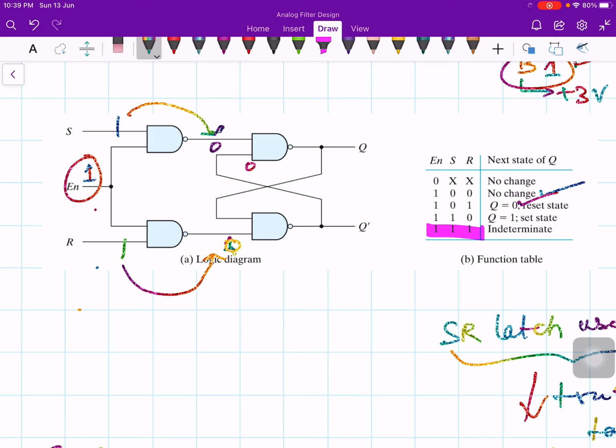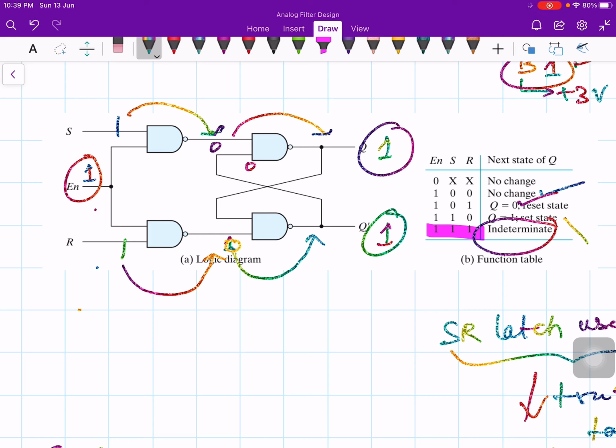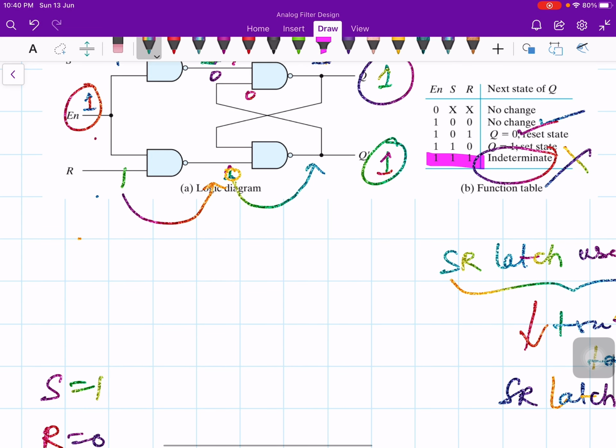Now if any one input is 0, the output is 1. And this also 1. Both being 1 1 is not allowed. Again there is a problem in this. So that is called an indeterminate state. So not allowed. Okay, so step by step we need to move on.